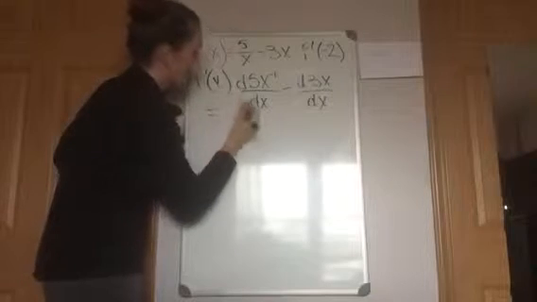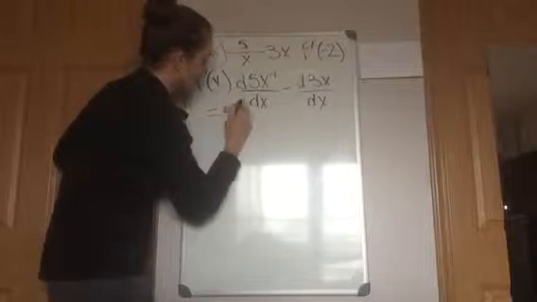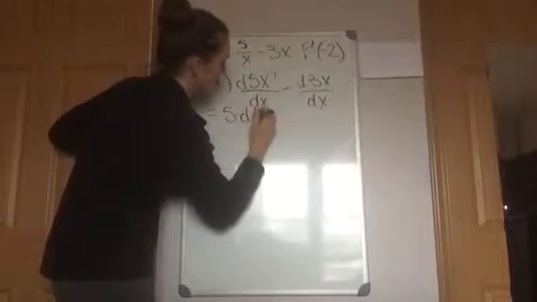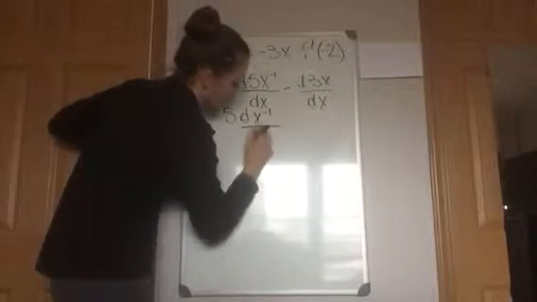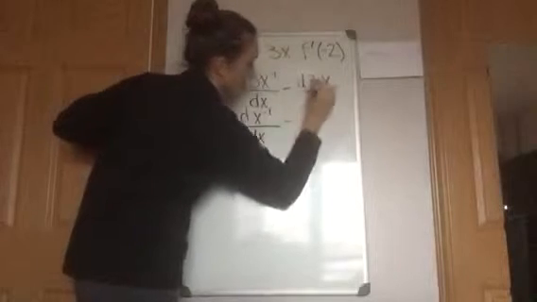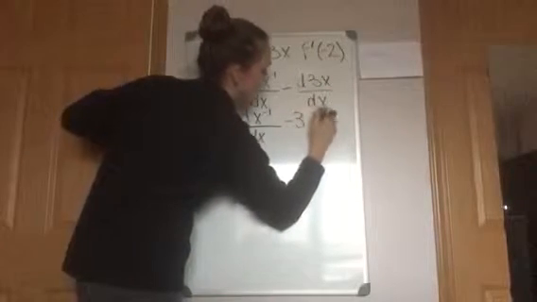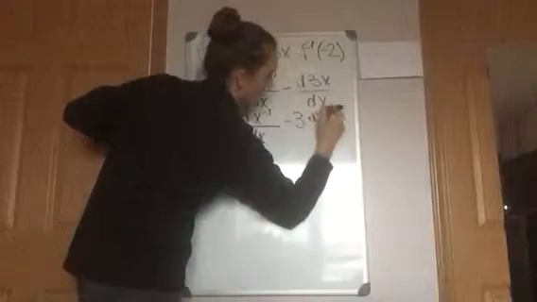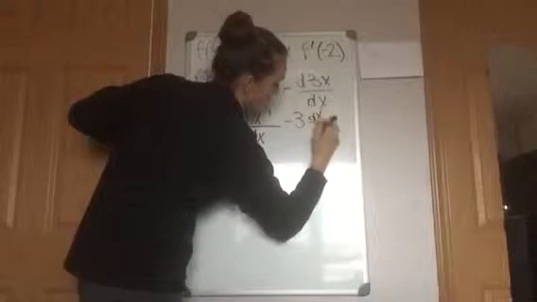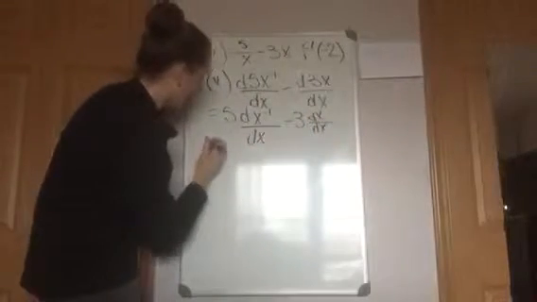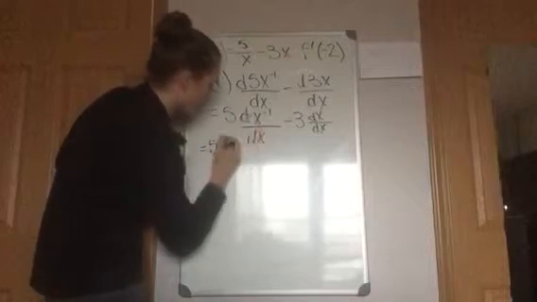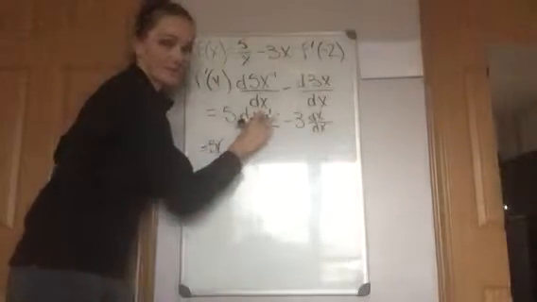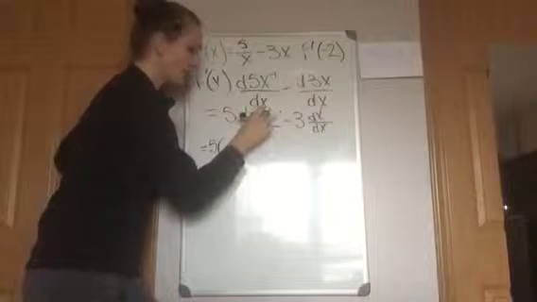And so we can pull this 5 out, find the derivative of x to the -1 with respect to x, minus, and we can pull this 3 out, find the derivative of x with respect to x.